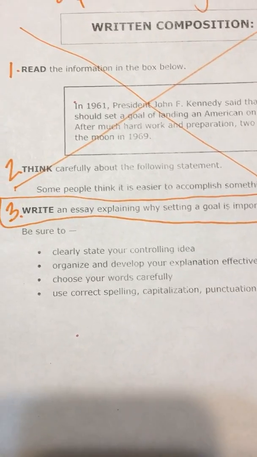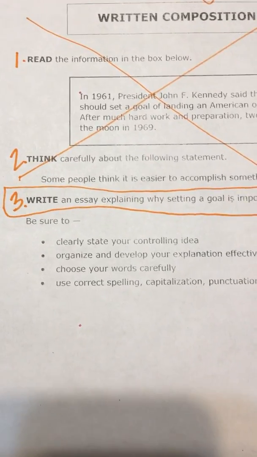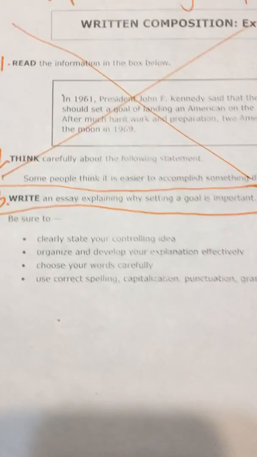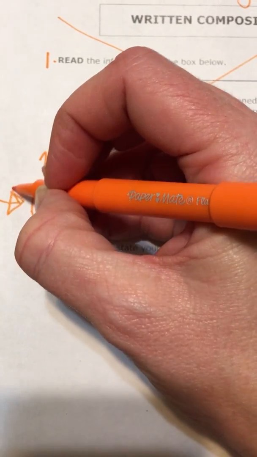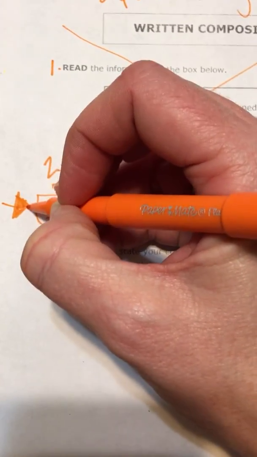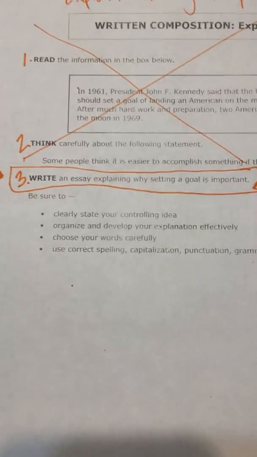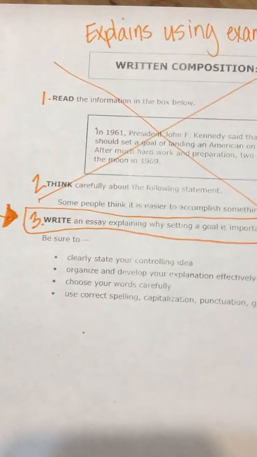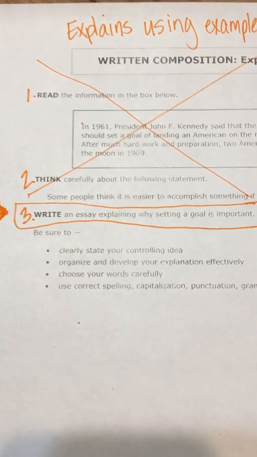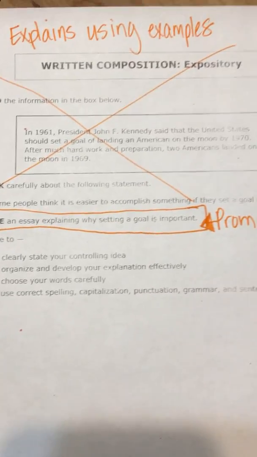This is called the prompt. This is what I must write about, the prompt, right here. Okay, so even though this is the most important part, I'm going to go back and look at what the rest of the paper says to get me some ideas. Okay, read the information in the box below.